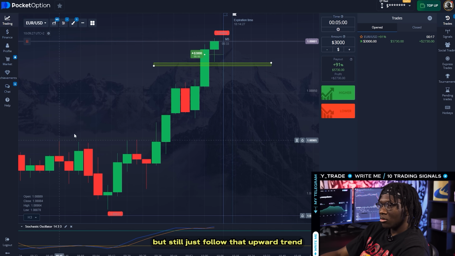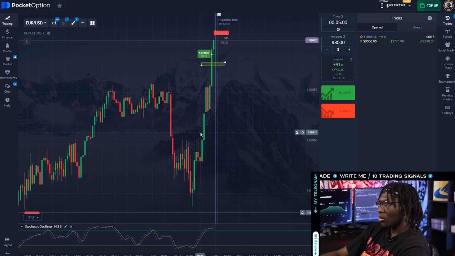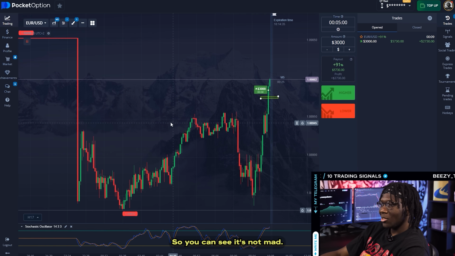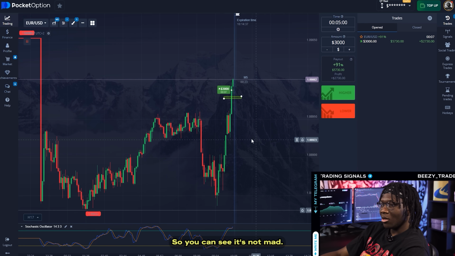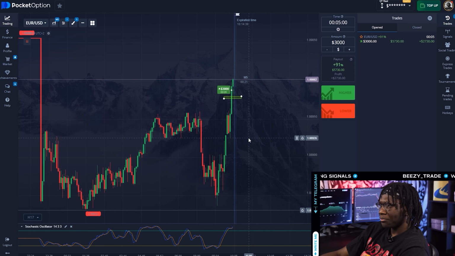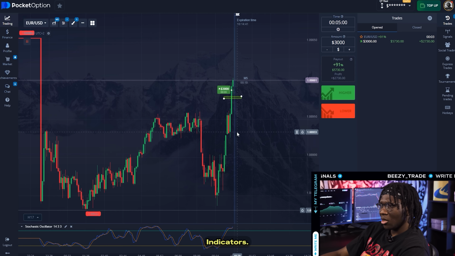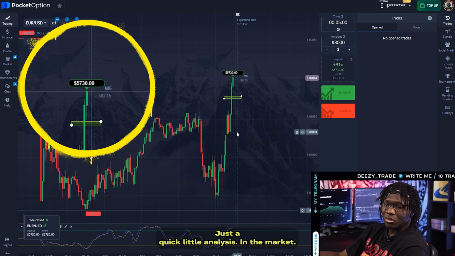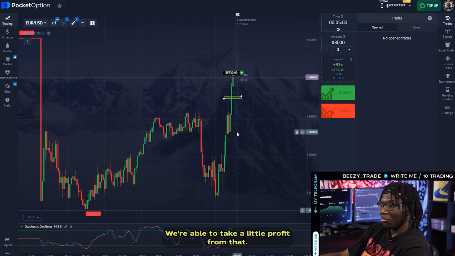But still, just follow that upward trend and we get rewarded for it real quick. No indicators, nothing, just a quick little analysis of the market, and we're able to take a little profit from that.